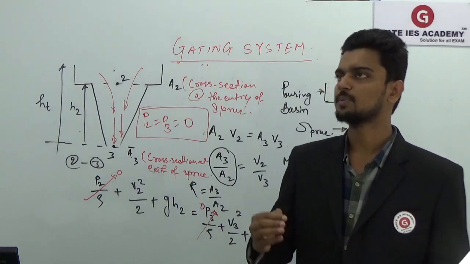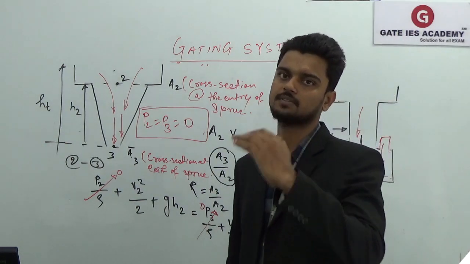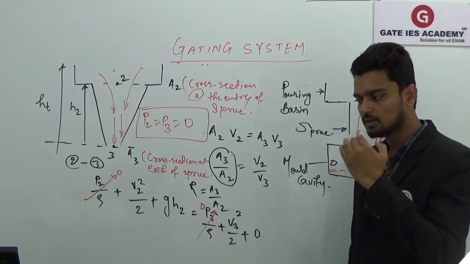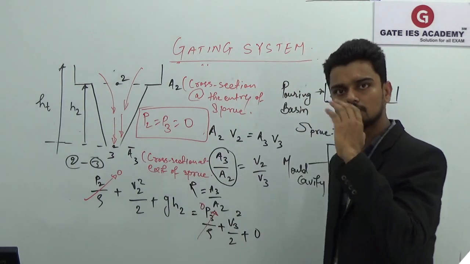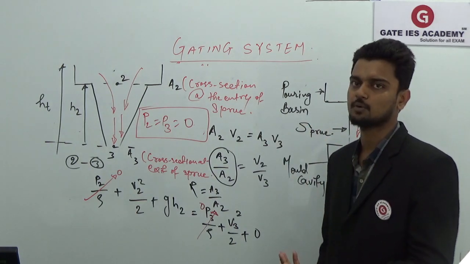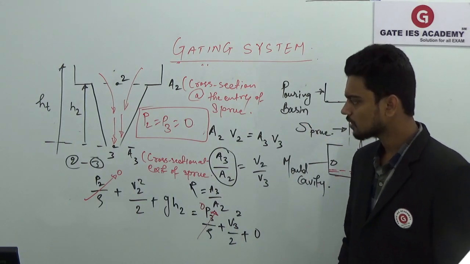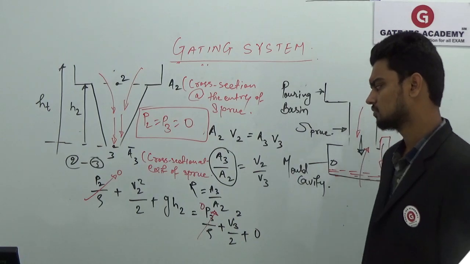We measure the pressure by keeping the datum at the atmospheric pressure. So P minus P atmospheric, so that P2 and P3 will be 0.